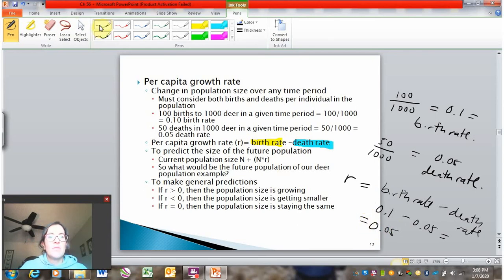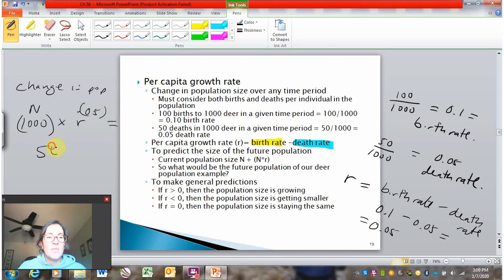So to predict the future deer population, I can think about the change first of all. So the change in the population is equal to the original population size, which is N, times the per capita growth rate. So in this example, there was 1,000 deer, and the per capita growth rate is 0.05. So the change in the population is positive 50. So that means that it will grow by 50.